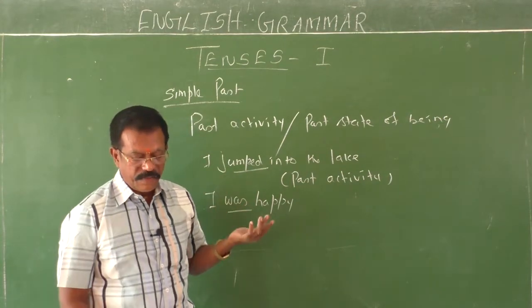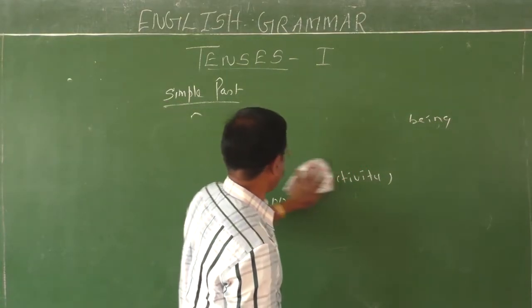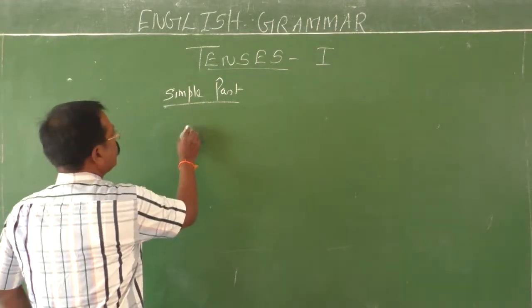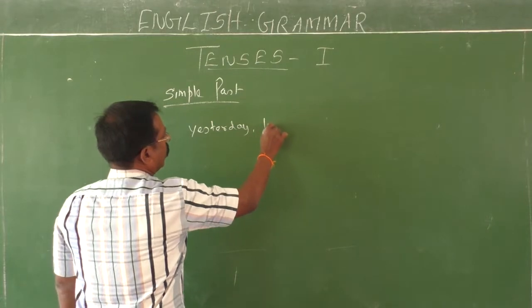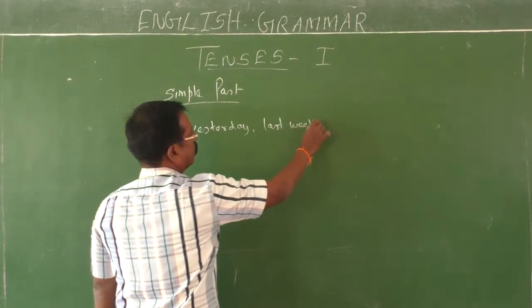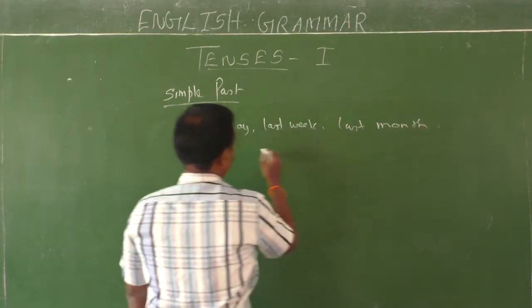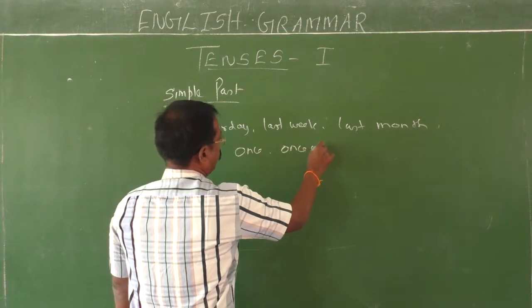So what are the key words which are associated with this past tense? I will give you the list of key words associated with this past tense. See, yesterday, last week, last month, once upon a time.